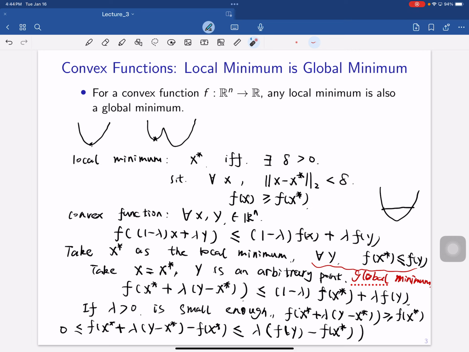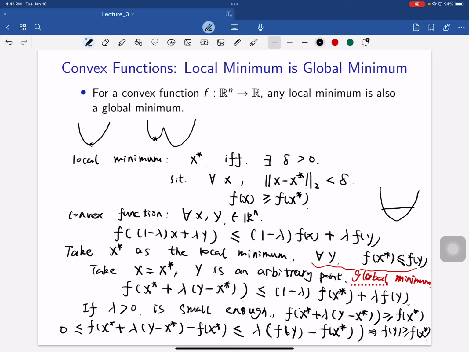And now we are pretty much done, right? So lambda is greater than 0. You can divide lambda on both sides, right? So this essentially shows that f of y has to be greater than or equal to f of x star. Then we are done, right?